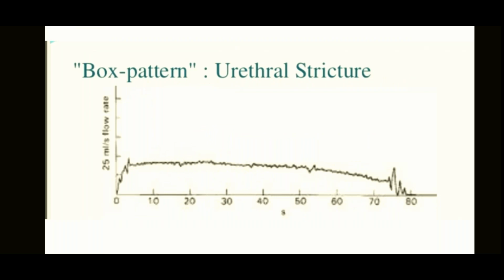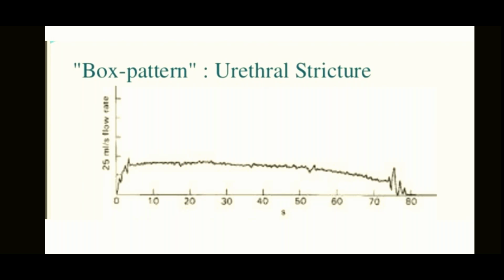Another one is the box pattern. This is very common with the urethral stricture, where the urine flow is not a very big curve. It is a smooth flattened type of curve again, and it is mainly because of the continuous problems with the passage of the urine.